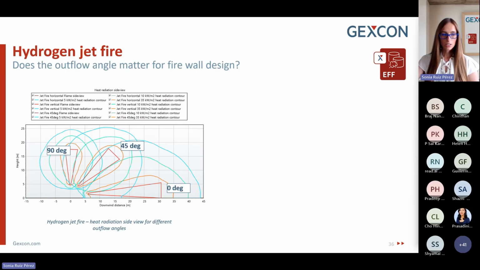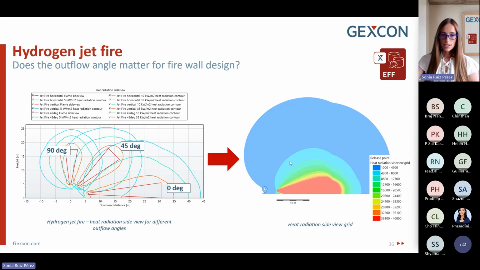For instance, if we look at these results, with higher outflow angles, so if it's released vertically, this causes the jet fire to rise more vertically, which can reduce horizontal impact but may affect taller areas. Whereas a lower outflow angle results in a wider but more horizontally spread fire, which affects a larger area due to the effect of the wind, which will enhance turbulence.